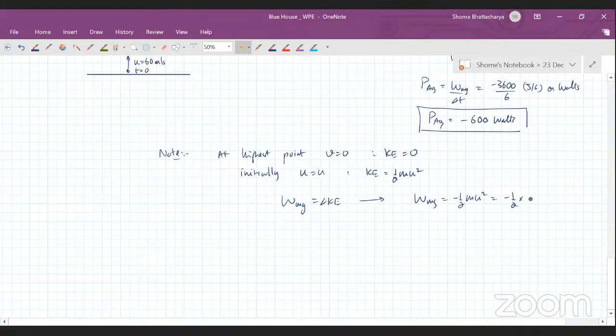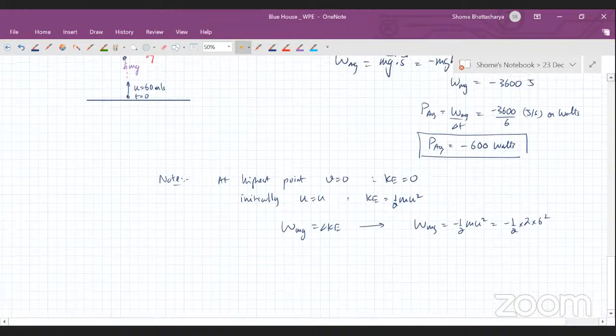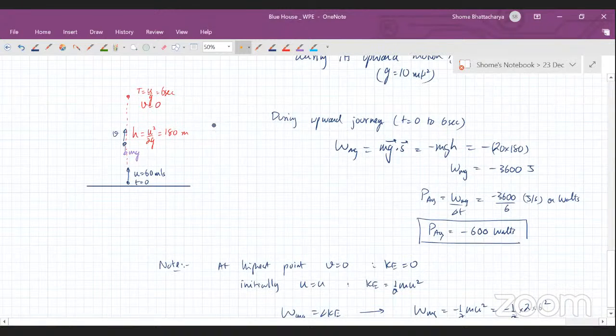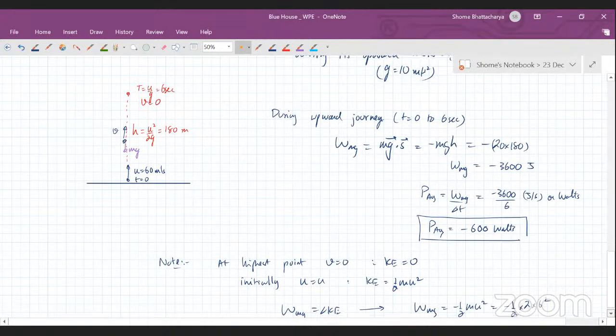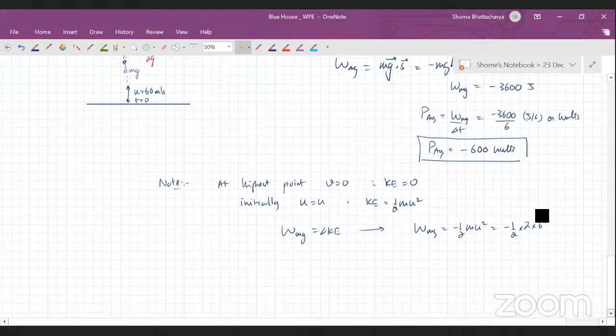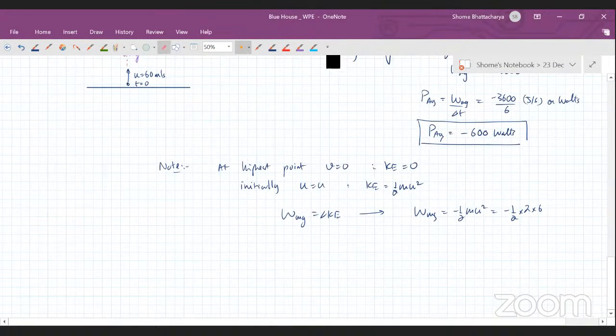That is minus half of 2 into 60 square. This is the shortcut we could have used, that this is becoming minus 3600 joules.